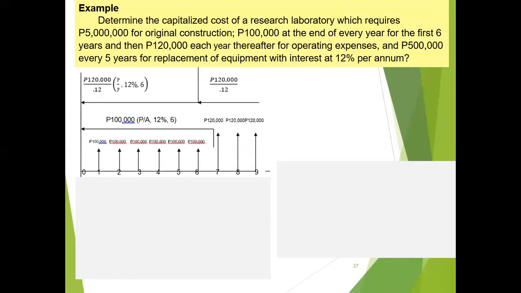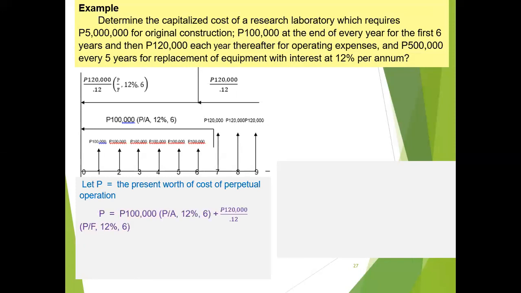So for our operating expenses, the present value of our operating expenses: for the first 6 years, you spend 100,000 every year, and then after 6 years, you spend 120,000 every year thereafter. So the present value of our 100,000 for 6 years plus the present value of our 120,000 thereafter is equal to your present worth of cost of perpetual operation.